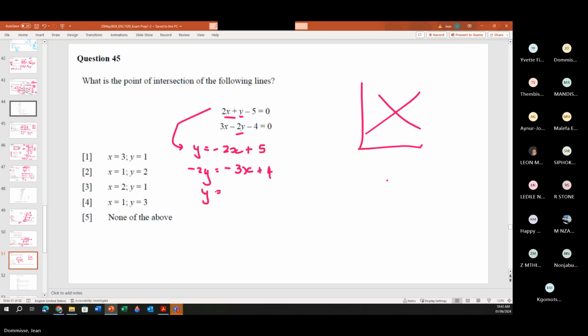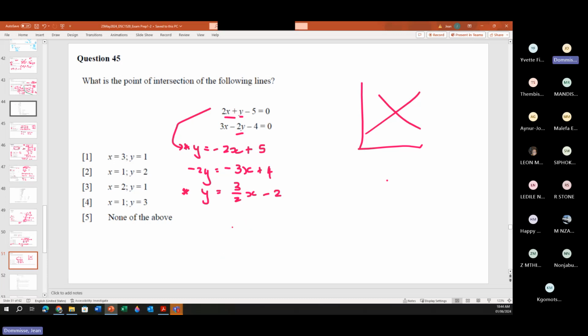So divide by minus 2, so 3 over 2x. 4 divided by minus 2 gives us minus 2. So that will be my one formula. That will be my second formula.